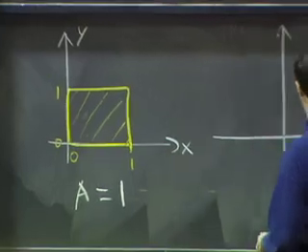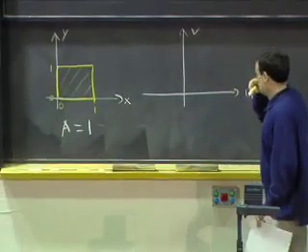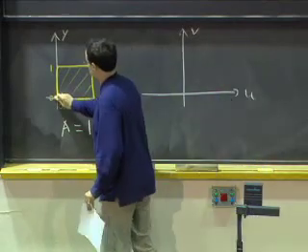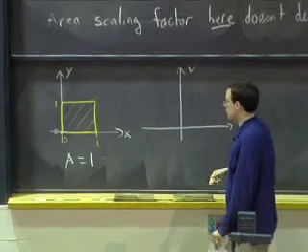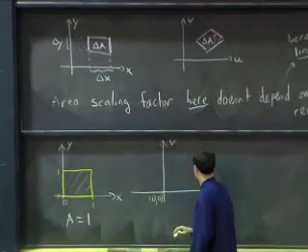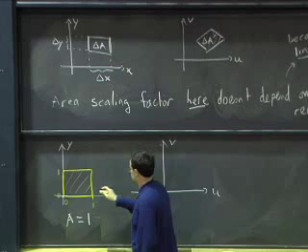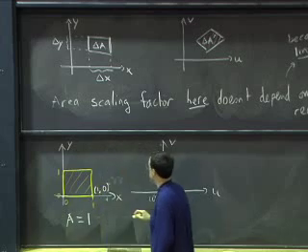Let's try to draw it in terms of u and v coordinates. Okay? So here we have x equals 0, y equals 0. Well, that tells us u and v are going to be 0. Next, let's look at this corner. Well, in xy coordinates, this is 1, 0.